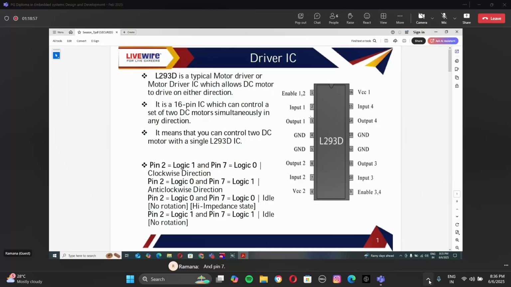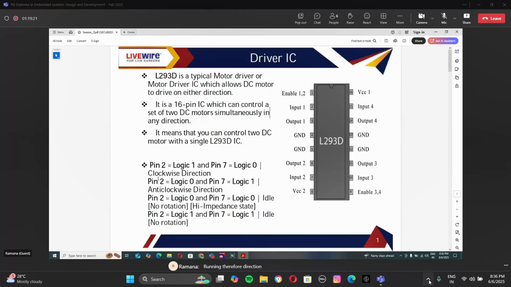In pin 2 we are giving 1 and in pin 7 we are giving 0. These are two inputs, input 1 and input 2. Giving 1 and 0 means the motor will run in the forward direction.